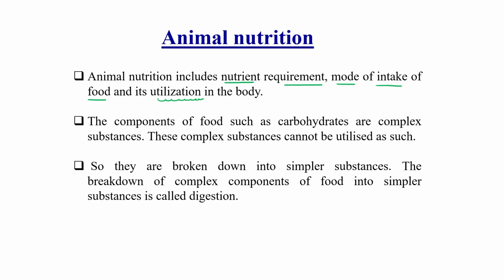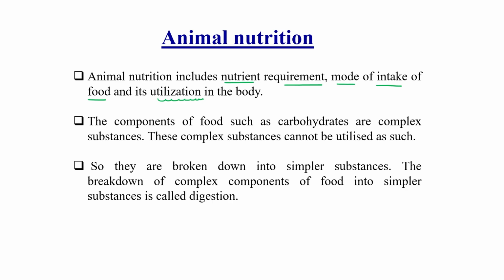For what? To generate energy. Okay, so animal nutrition includes nutrient requirement, mode of intake of that nutrient, meaning as a food, and its utilization in the body.